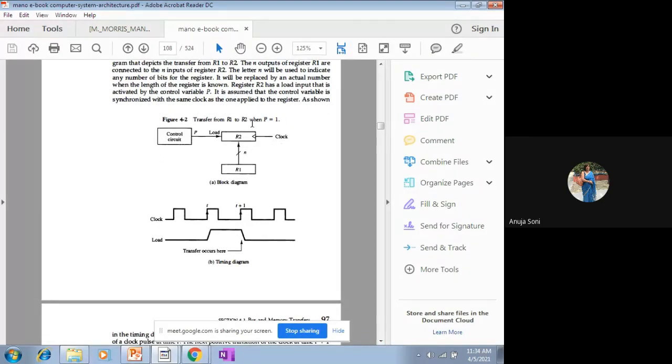I told you earlier in the 5th chapter how we draw the symbolic diagram of the clock. The clock is nothing but a sequence of pulses. Whenever an electrical signal is coming there, it will be enabled, or else it will be disabled. Whenever it is enabled, it is called a positive transition.